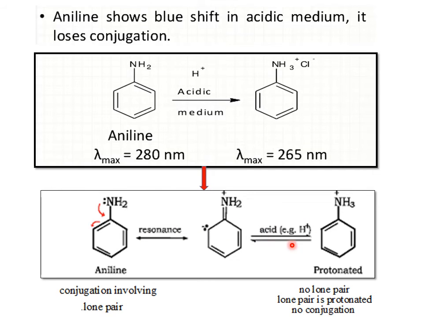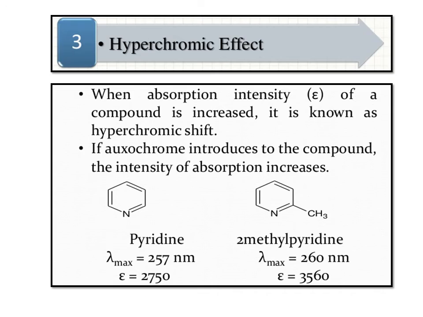If I add acidic solution, here there is no lone pair on the NH2 group, so the lone pair is protonated by acid. So no conjugation is possible, the conjugation is stopped. That's why we are getting the aniline salt around 265 nanometer, at a shorter wavelength.